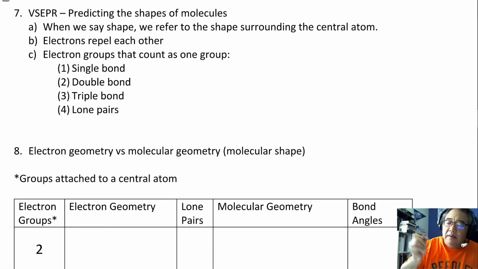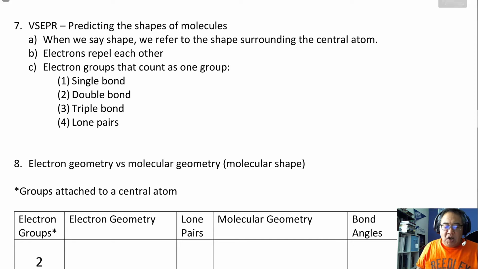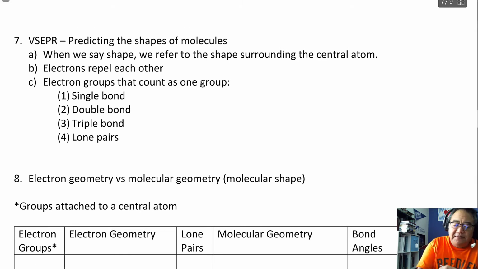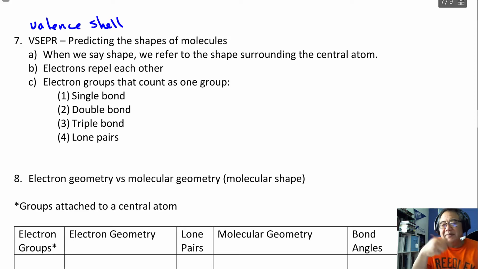All right. So this theory, we call it VSEPR theory. VSEPR stands for valence shell electron pair repulsion, because remember, we're talking about valence electrons when we make these bonds.